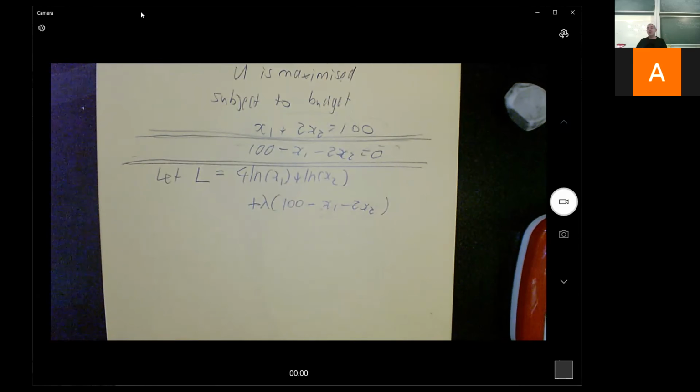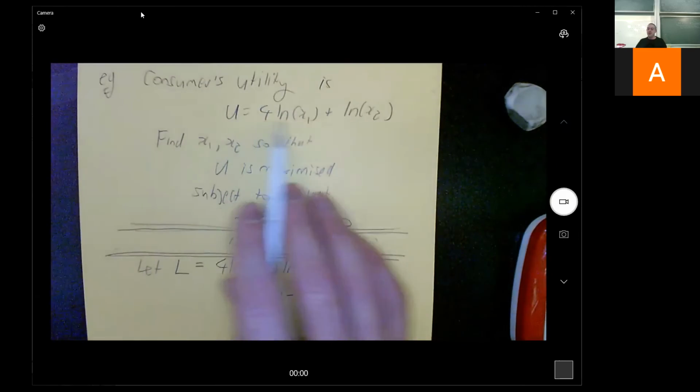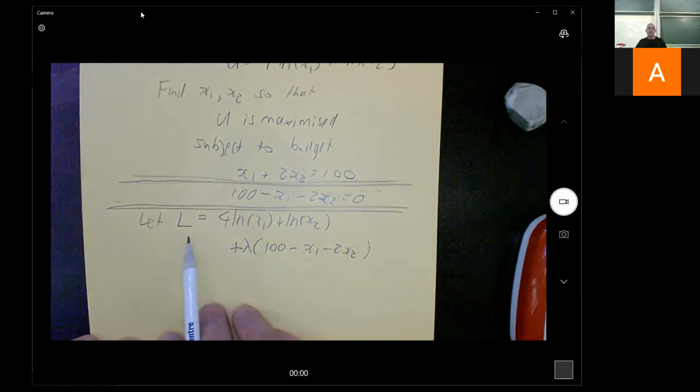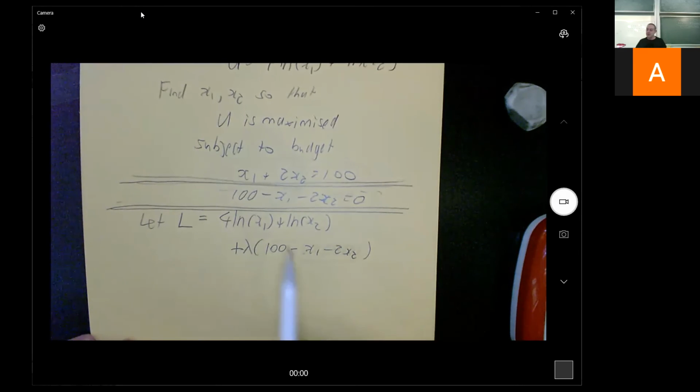So this is now a function of 3 variables. It's got the x1 and the x2 and the lambda as well. Finding the maximum of this function is the same as finding the maximum of this function. Like if this really is equal to 100, then this will be 0.